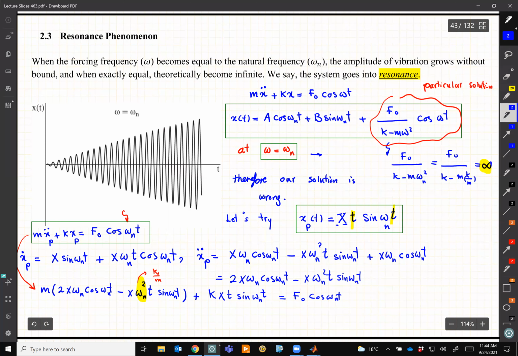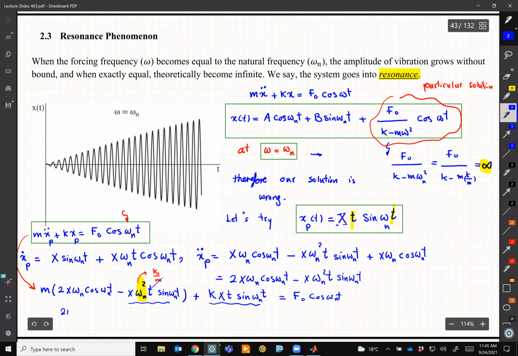So there is a hope to simplify things. This m will be canceled by this m, and the whole terms here will cancel each other. I was hoping that it might be simpler than that. So in that case, what do I end up with? These two cancel each other, if we put it equal to k over m.